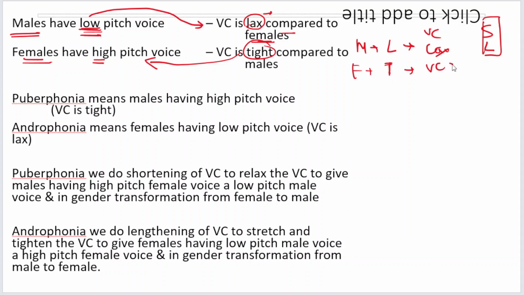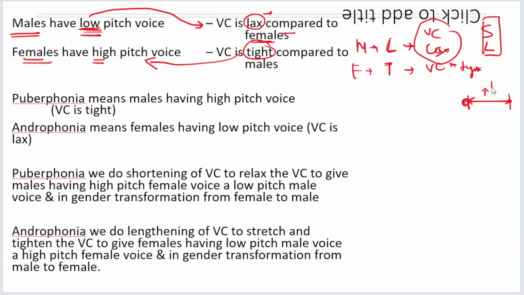So as compared to males, if the vocal cord is lax, then you will have a low pitch voice. You can think of any chord instrument. If it is tightly strung, then what happens?